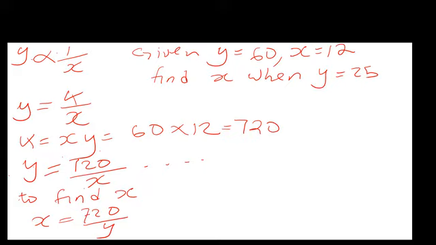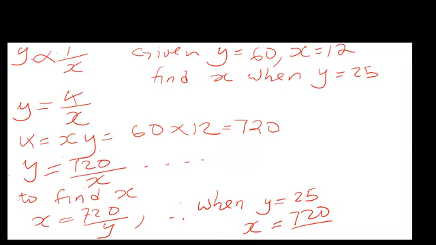And in this case, we are to find x when y is equal to 25. Therefore, when y is equal to 25, x will be equal to 720 divided by, where there is y, we put 25.